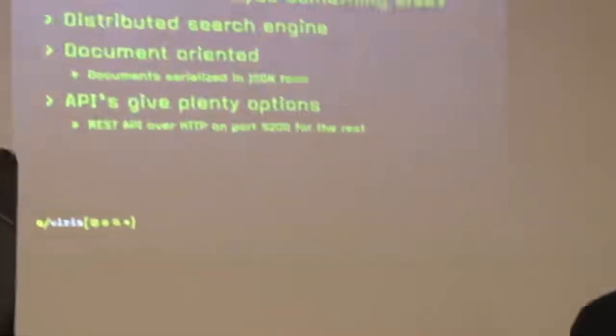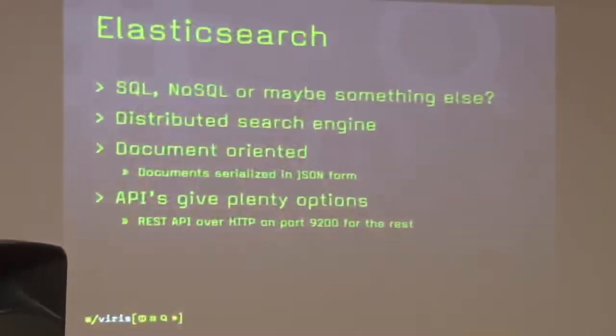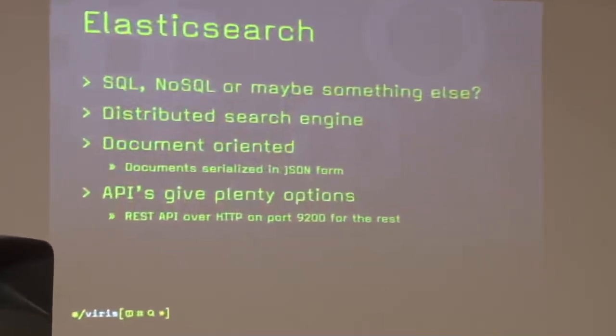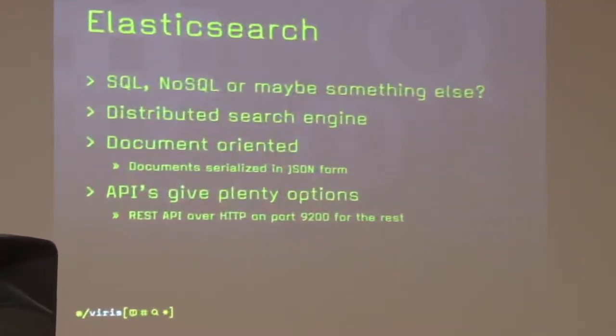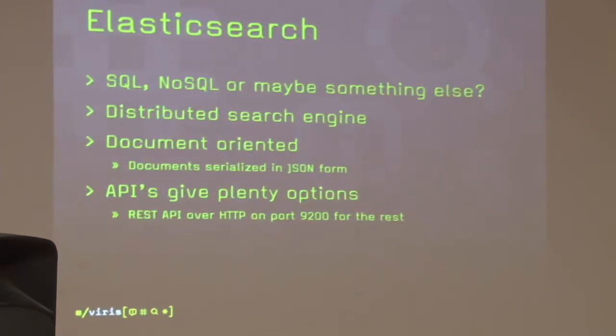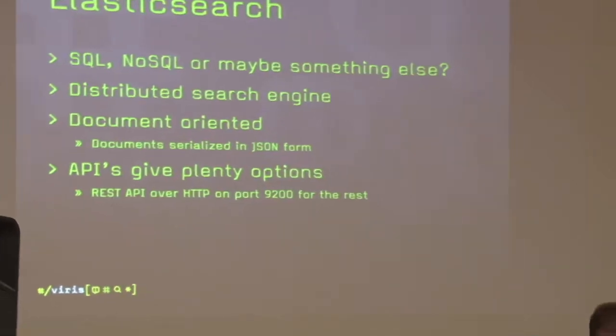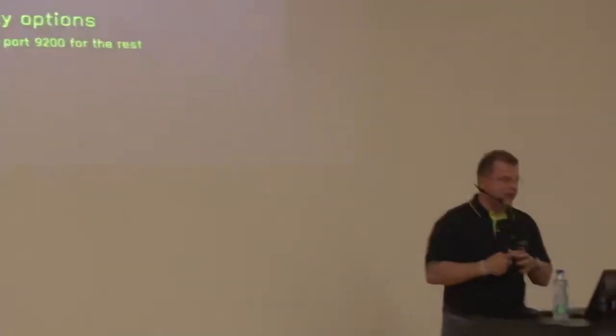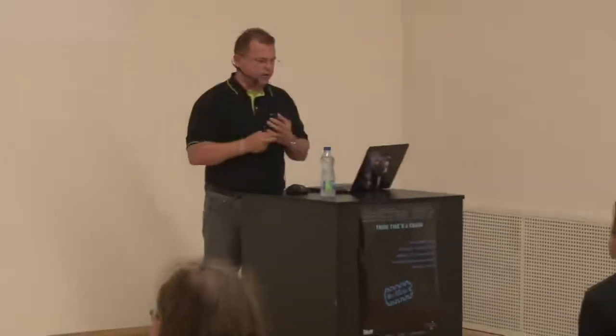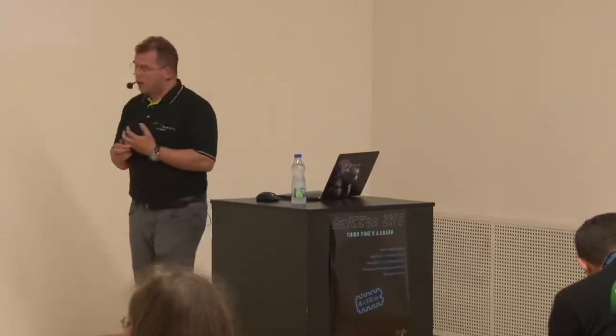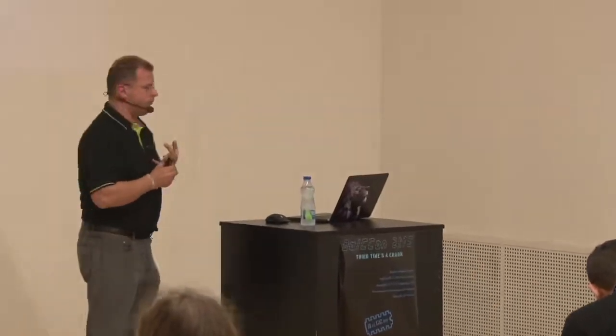The second part, the most important part, is actually Elasticsearch. It's hard to say if it's SQL, NoSQL, or something else. Actually, it's a distributed search engine that you can build up into a big, large cluster, and it has really nice APIs. So if you're using Python, Java, or something else, you can do really good stuff with it. And it has a REST API.